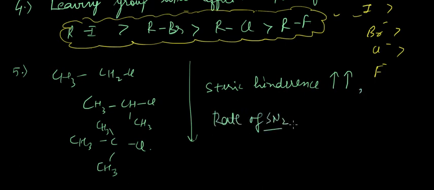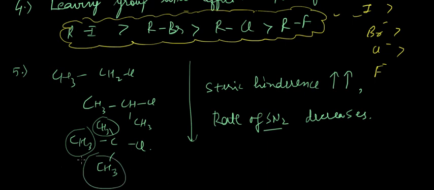As the steric hindrance increases, the incoming OH group will find less space to attack the carbon atom from the backside. So in this case steric hindrance is the most, hence the rate of SN2 decreases.